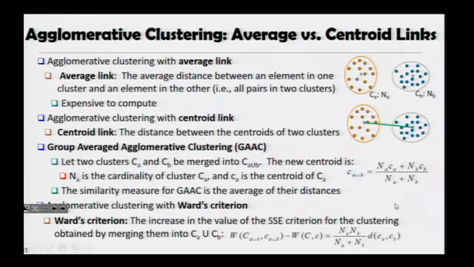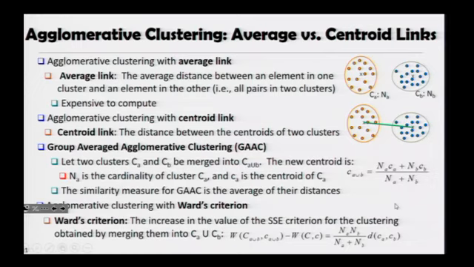Other than the single link and complete link algorithms, we also have two other definitions. The average link is defined so that you compute all pairs of cluster members, average the distance over these pairs, and use that average as a measure of the closeness of the two clusters to check whether they should be merged.